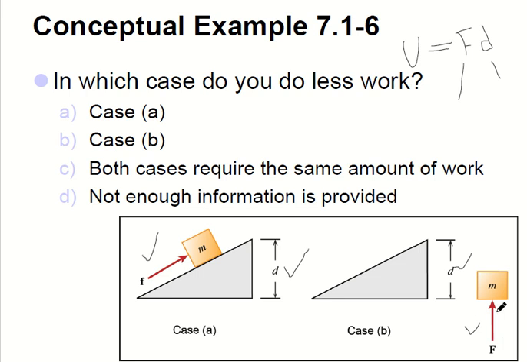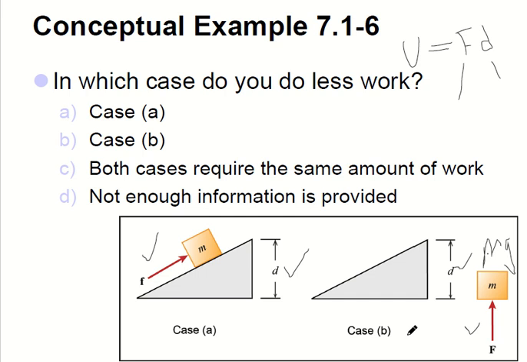When you look at this force, you're lifting this weight up. So the amount of force that you have to give it to get this block up is its own weight. You're lifting the weight, so that's equal to mg.